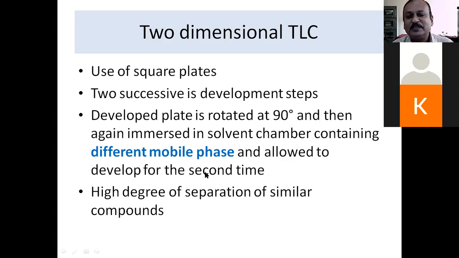When you run the same plate tilted at 90 degrees in a different mobile phase, then if there are two sample components very similar to each other that cannot be separated in one mobile phase, you will be able to achieve separation in the other mobile phase at a different angle. Is it okay?